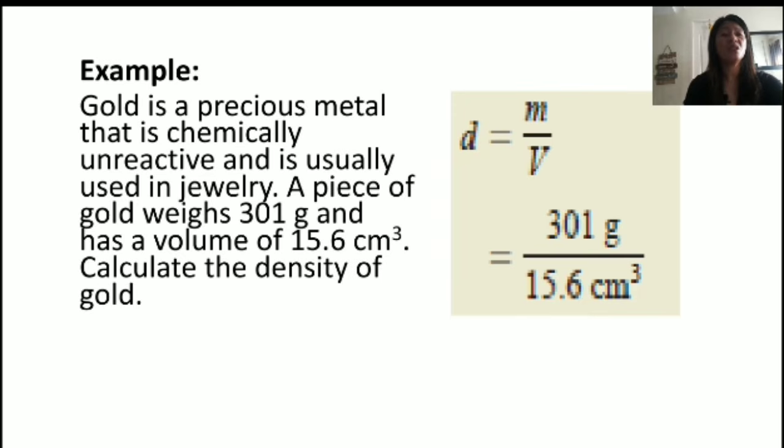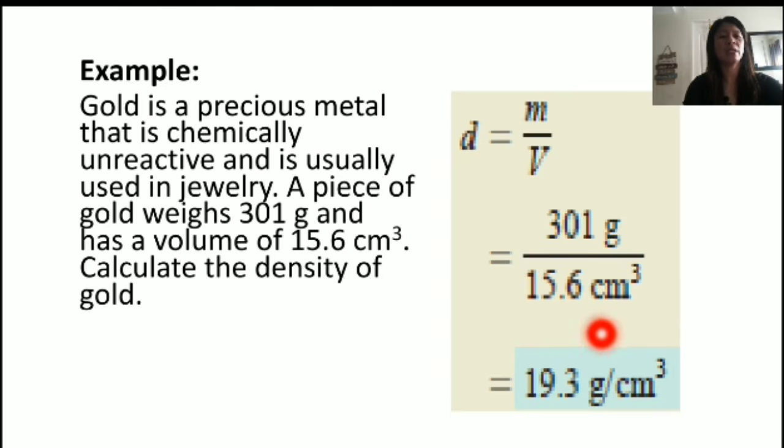We substitute the given mass, 301, divided by the given volume of 15.6 cubic centimeter in the denominator. So for the answer, you just divide the two and express the unit as the ratio gram per cubic centimeter.